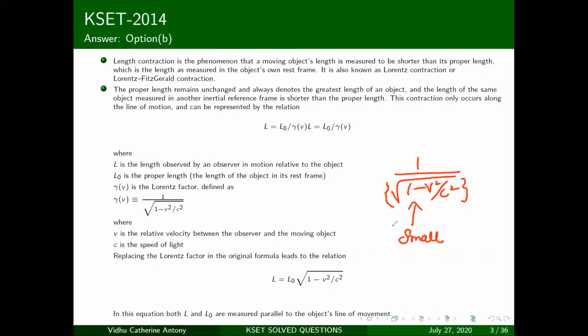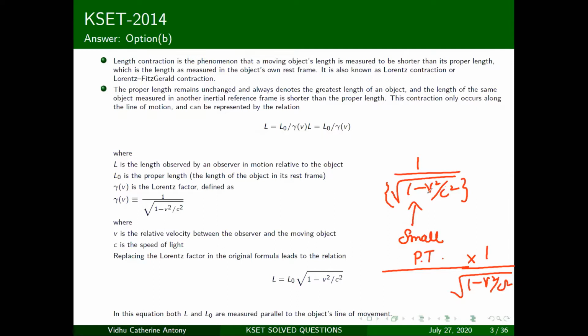So you take the proper time and multiply it with this Lorentz factor. You're basically going to be multiplying by the Lorentz factor rather than dividing by it. So you have 1 divided by root of 1 minus V square by C square.